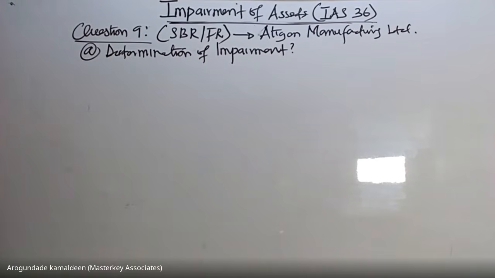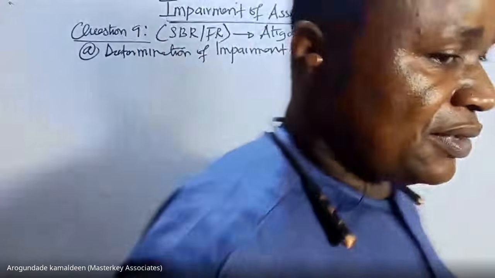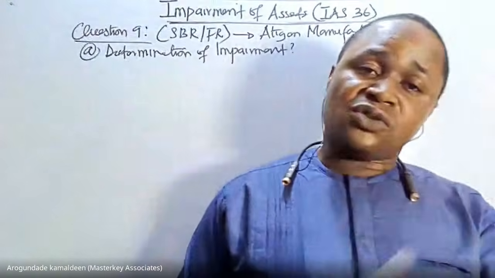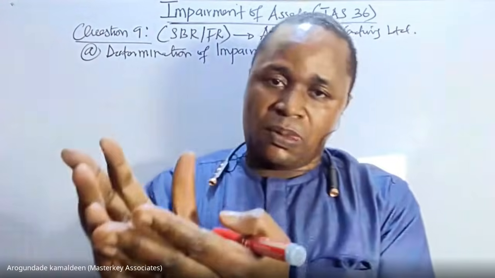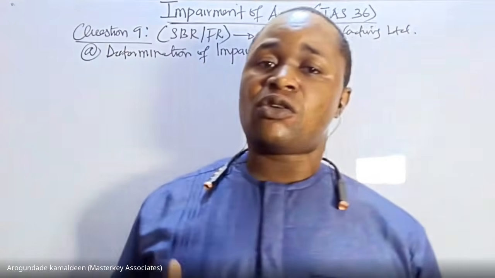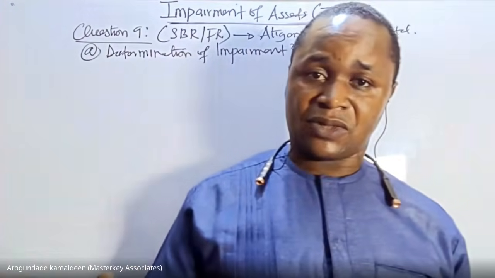Now, to do your impairment, you need two things. Though those two things can be broken into three. Let's say I need my carrying value of the asset with the recoverable value. That is why I said two things.